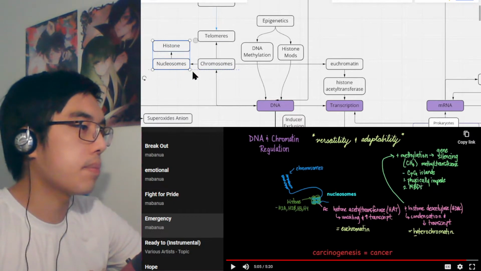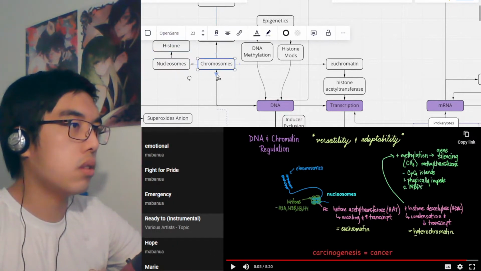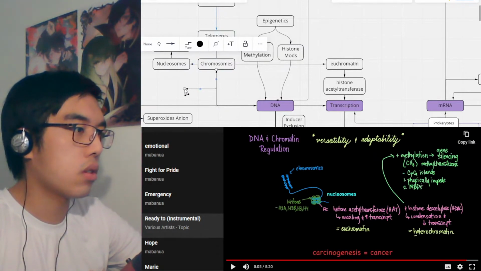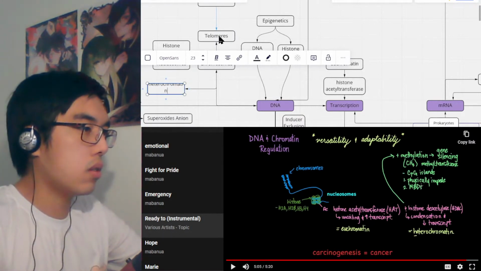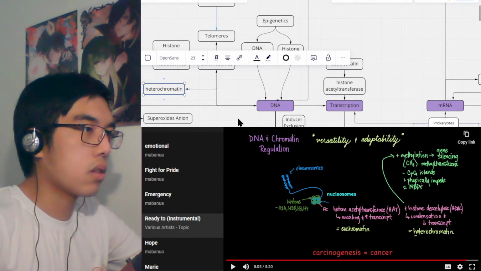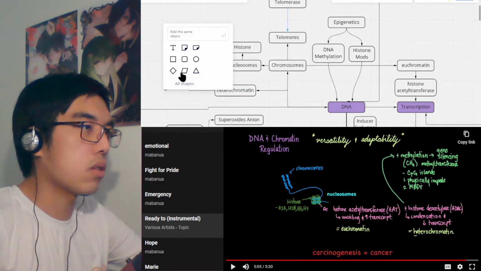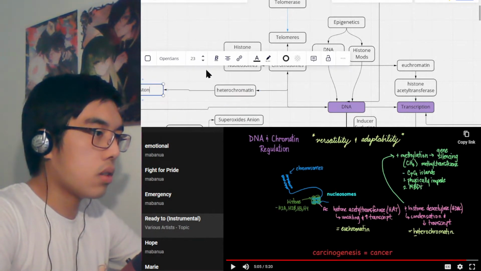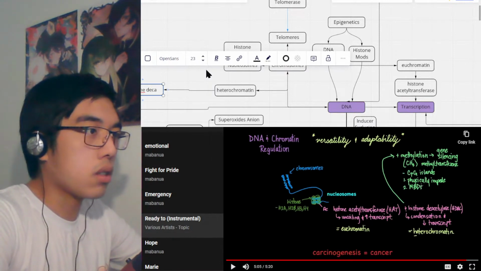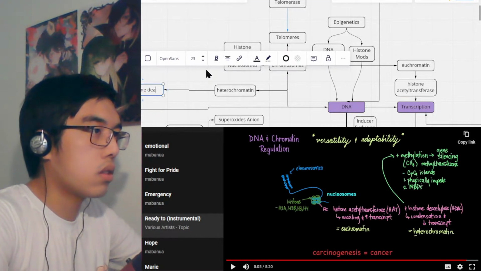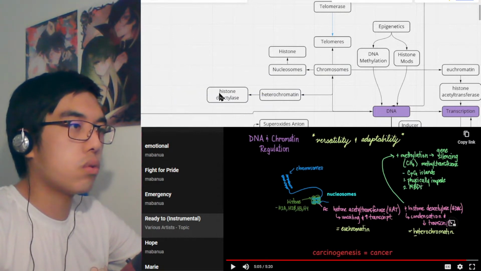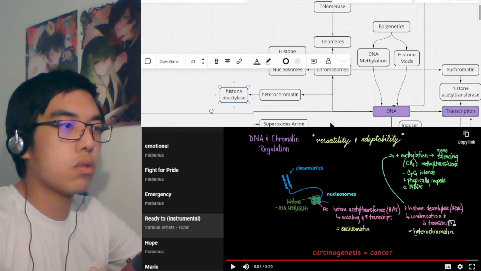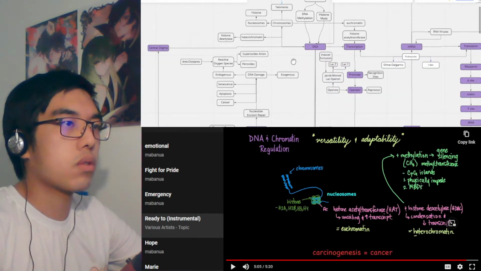This almost looks workable. Nice. Okay. Shoots off towards histone deacetylase. Alright, I think we got it.